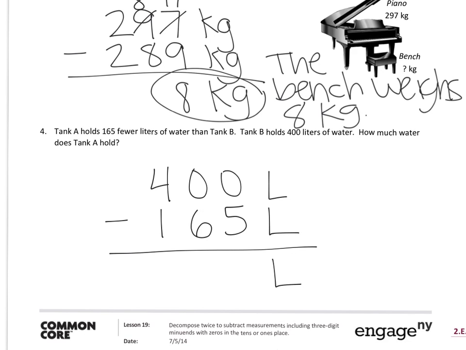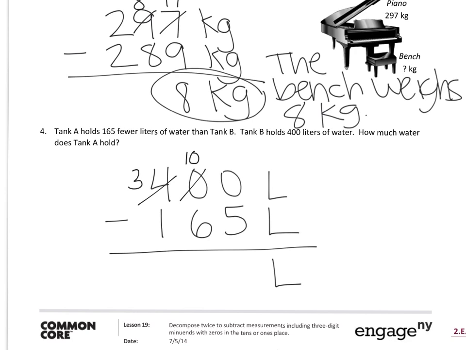0 minus 5 is, I hope you didn't say 5. We have a bigger number on the bottom, so we have to borrow. But can I borrow from my neighbor? No, because he doesn't have anything. So I need to go to my next neighbor. I'm going to borrow a bundle of 10s, and now I have 10 10s.